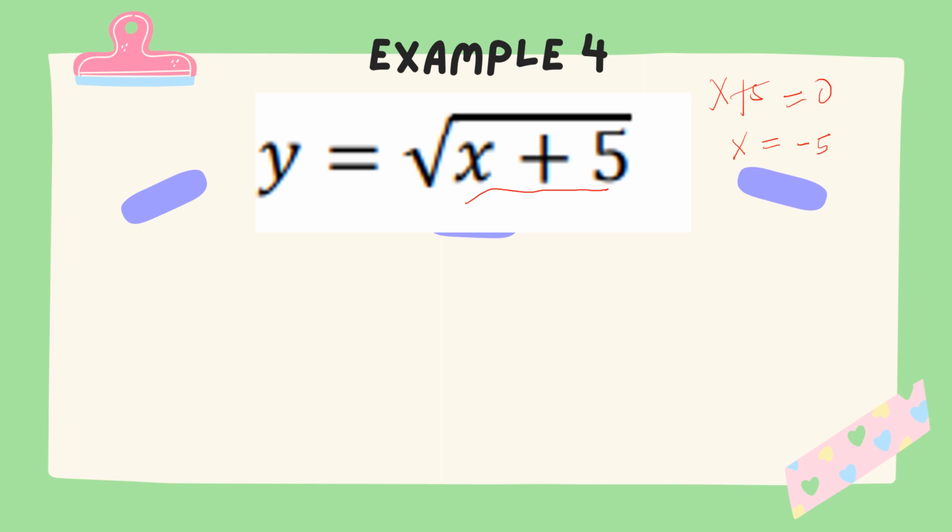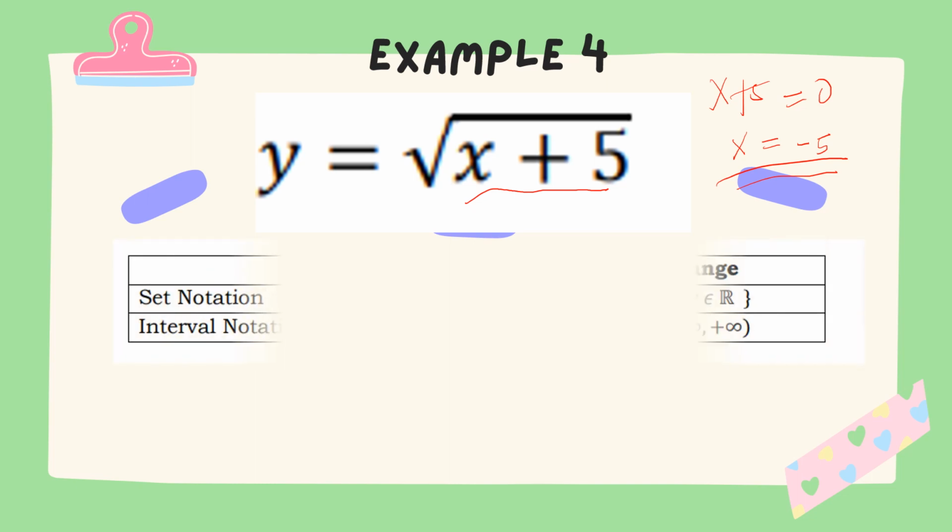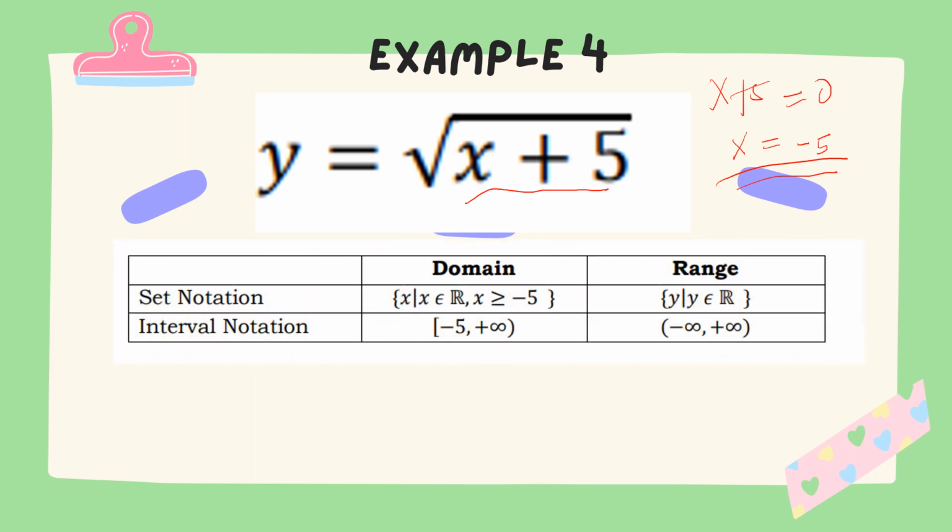The square root of 0 is still 0. So, this is still allowed. Therefore, the domain here are all real numbers starting from negative 5, so from negative 5 up to positive infinity.